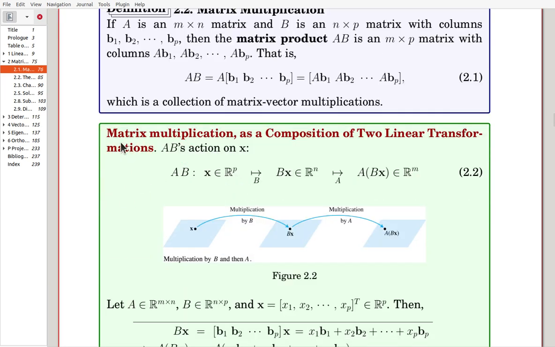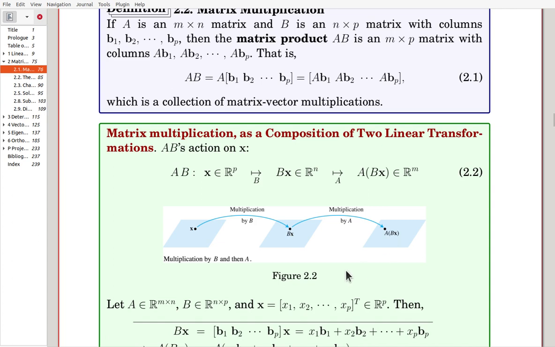Okay, here is matrix multiplication as a composition of two linear transformations, and we'll try to measure the action of the matrix product AB on a vector X. Here is ABX: first we apply B to X, and later on the multiplication by A. So start from X, multiplication by B will make BX, and again multiplication by A will reach ABX.